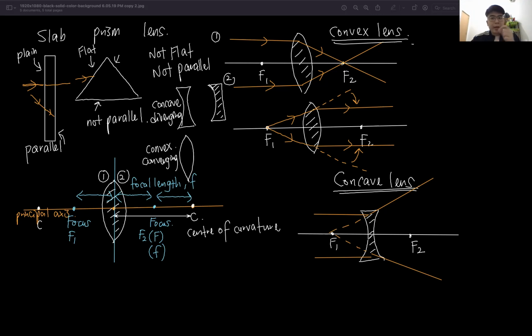So focal point number 1, I can also call it a point on the principal axis from which the light ray appears to diverge. Okay, so that is F1, the opposite of a convex lens.